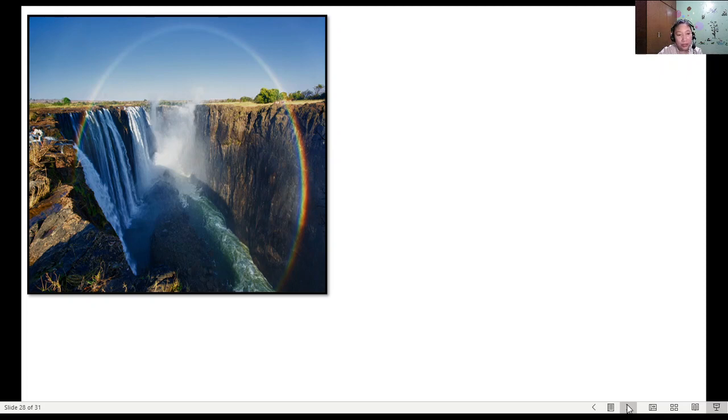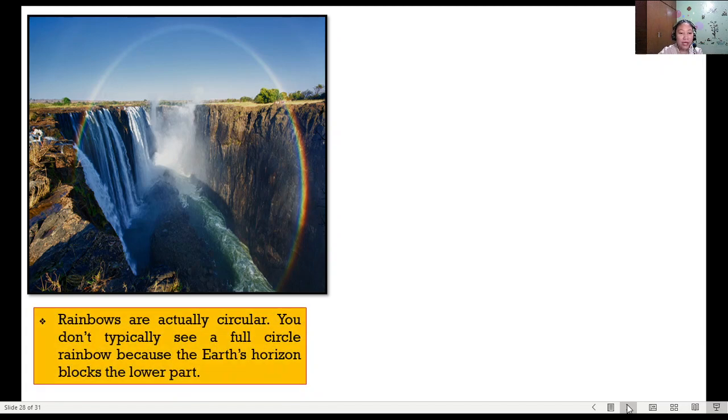So, nakita nyo dito sa picture na to, almost full circle yung rainbow. Rainbows are actually circular. You don't typically see a full circle rainbow because Earth's horizon blocks the lower part. So, kung makikita nyo dito sa image, yung bandang bottom portion sa left side, na-block yung part na kung saan dapat matutuloy yung full circle rainbow.